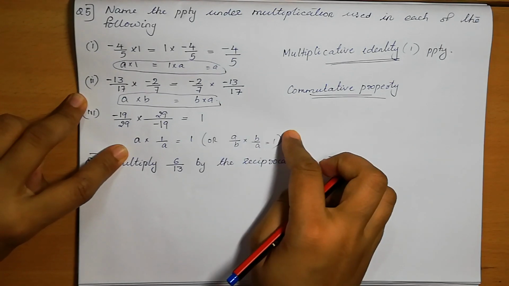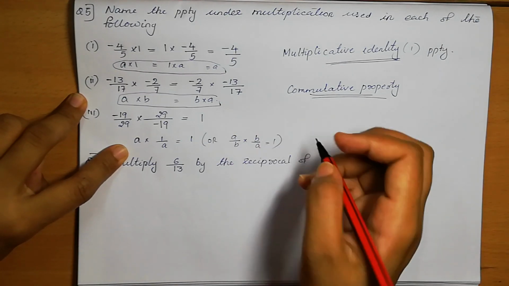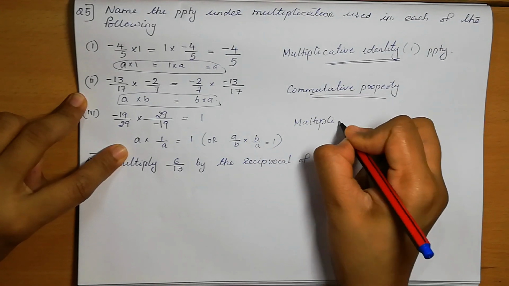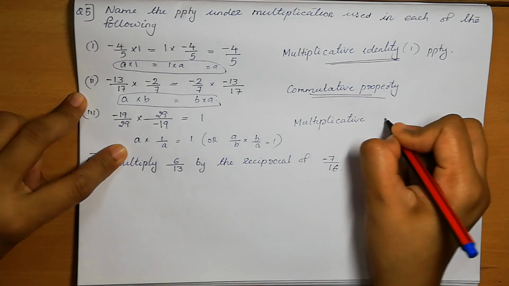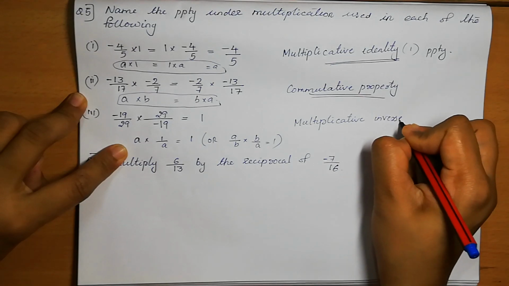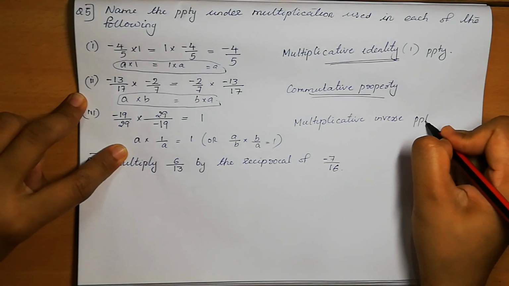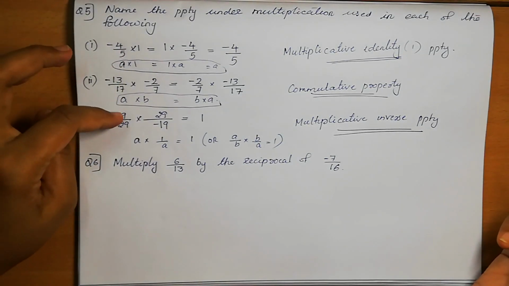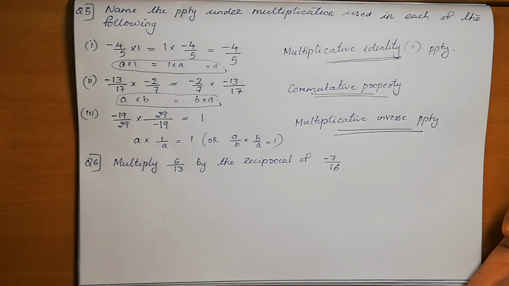So this is which property? Multiplicative inverse property, correct. From the question itself we can understand which property is applied.